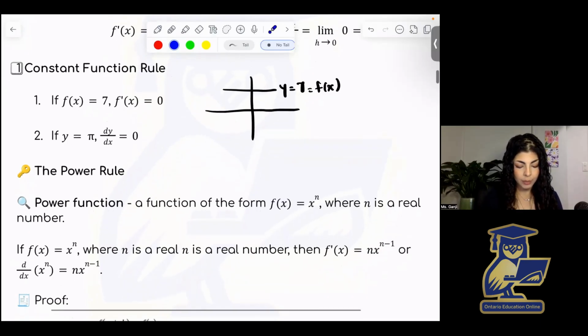In Leibniz notation, we have the same thing, but d of x to the power of n by dx is n times x to the power of n minus 1.